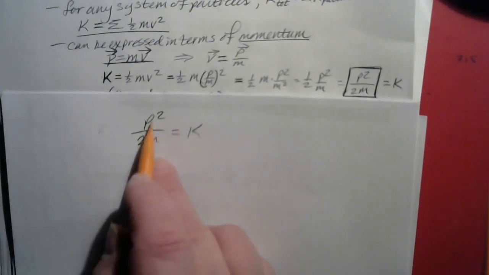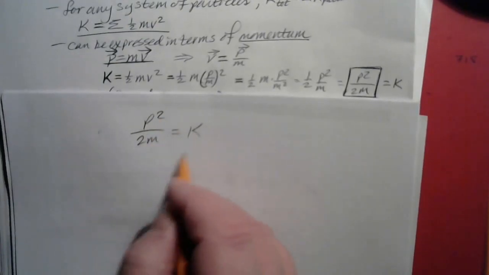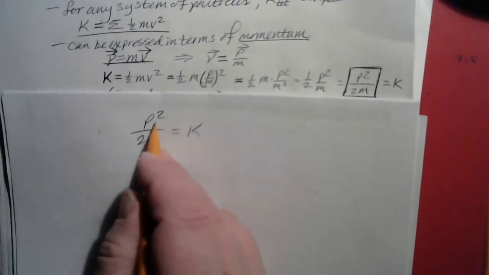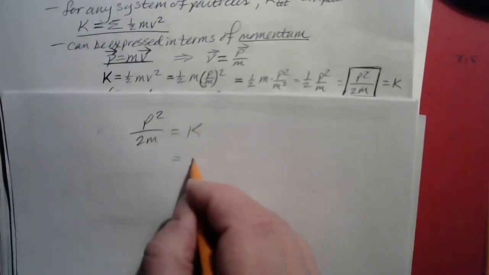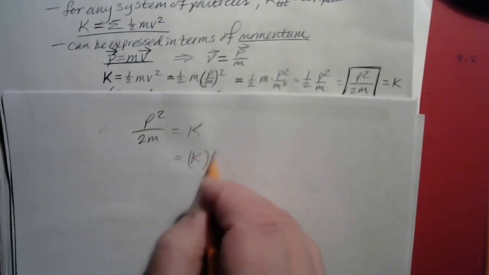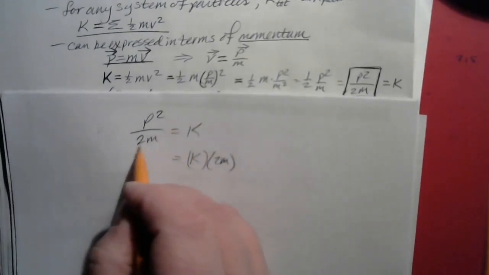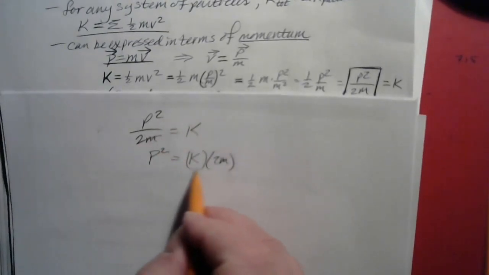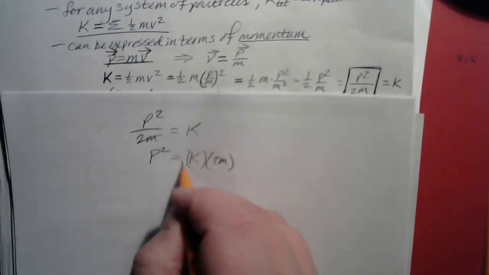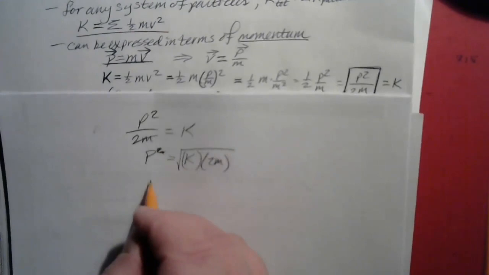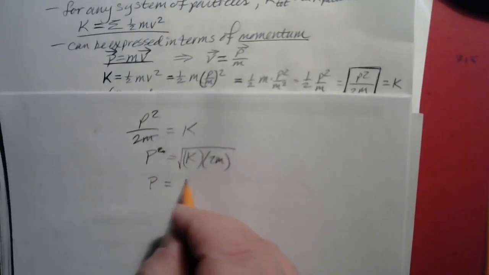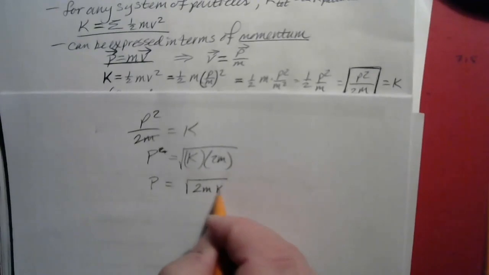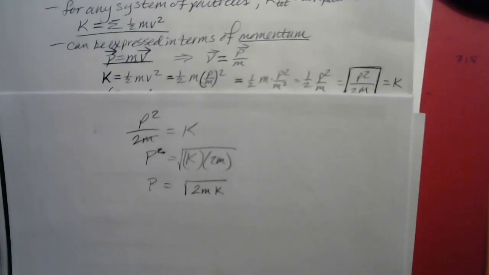If kinetic energy is p squared over 2m, then you want to solve for p. First, you have to get rid of the 2m, so multiply both sides by it. That gives you p squared is equal to 2mk. Then take the square root and you get p. So p equals the square root of 2 times the mass times kinetic energy. That's how you can solve it the other way around.